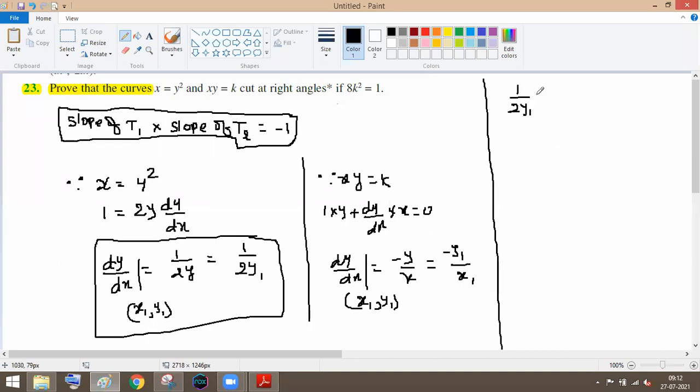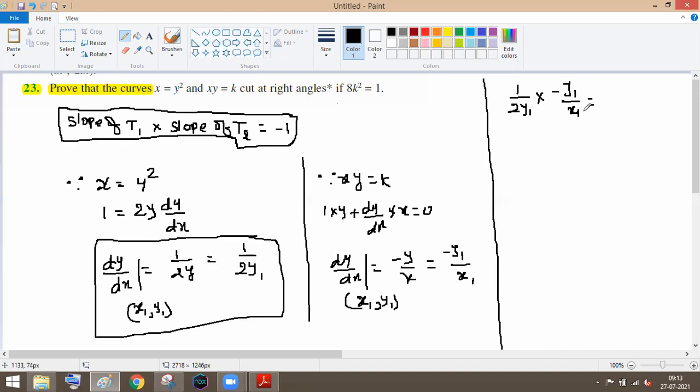So can I say that 1 by 2y1 multiplied by minus y1 by x1 equal to minus 1?